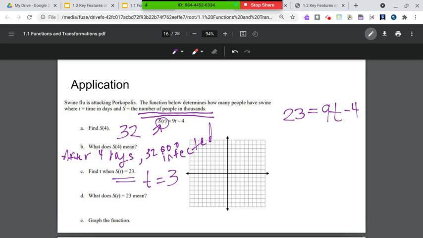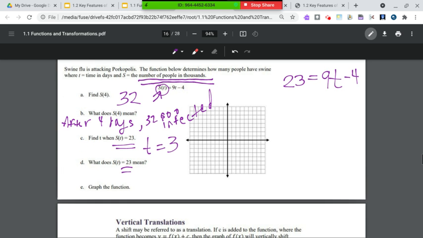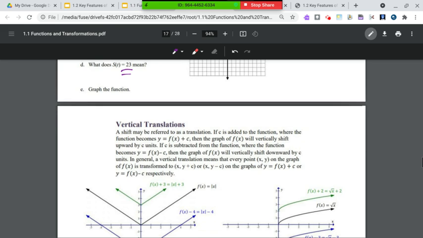So after 3 days, what do you know? Is it that 23,000 people got infected in 3 days? Perfect. Absolutely perfect. After 3 days, 23,000 people have been infected. You got it. Good there? You okay with that? Yeah. Awesome.